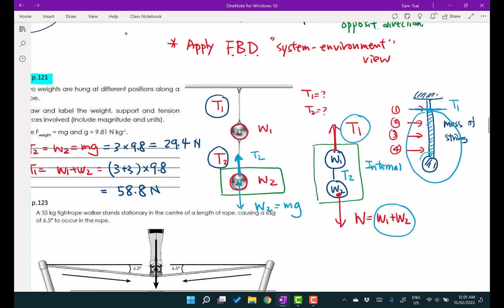T4 is here, so T4 supports less mass. These are the extra mass between T1 and T4. So the mass here will be bigger and gradually become smaller. But if the mass can be ignored, because it's a thin string, we don't need to worry about the different sizes of tension inside of the string. This is what this question can teach us.